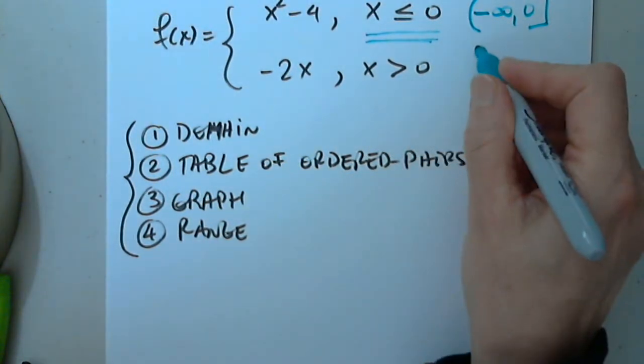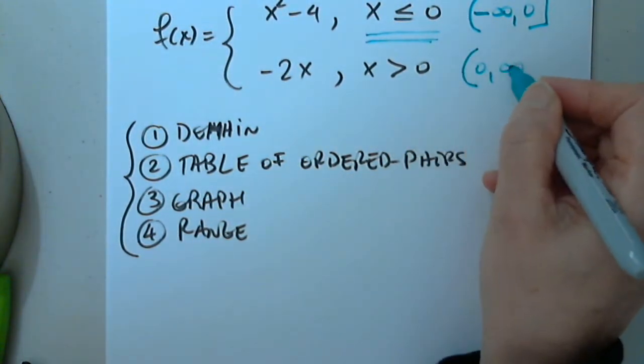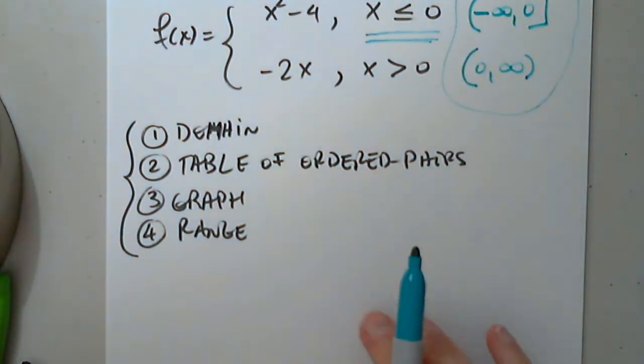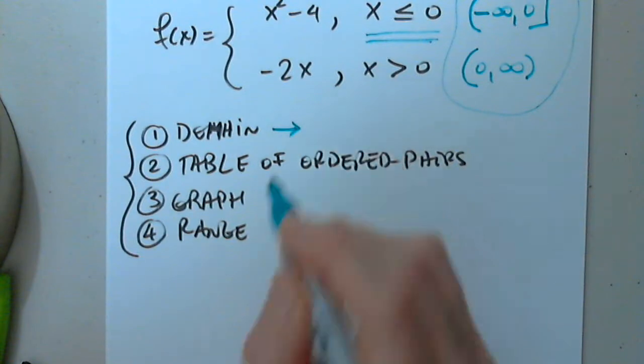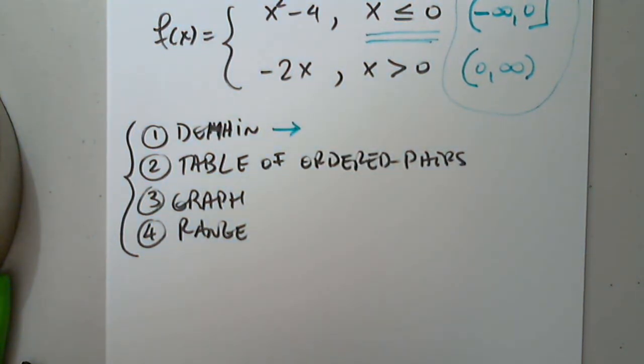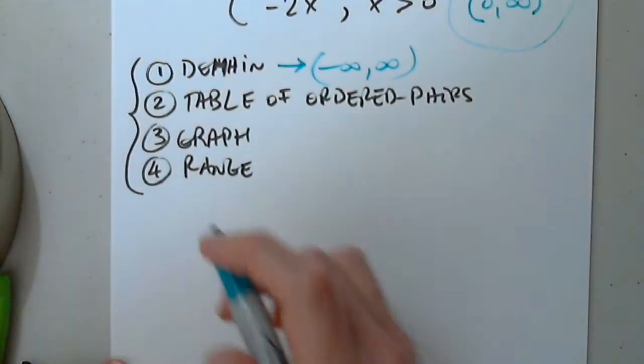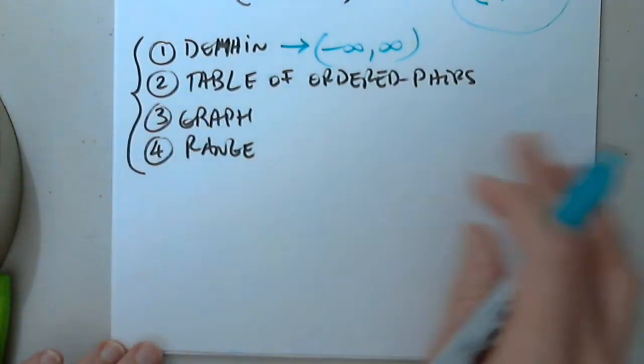This is very clearly 0 to infinity. And this really tells me that the domain of this function is what? Negative infinity to infinity. Perfect. So I established the first step is finished.